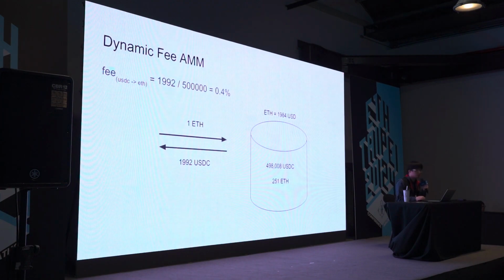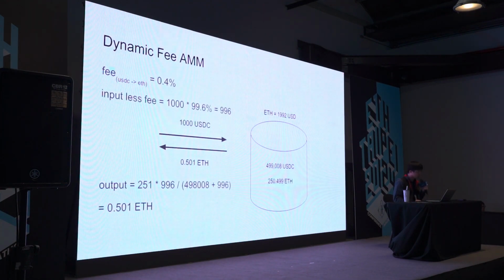So once there's another trader that tries to use 1,000 USDC to buy cheap ETH, he'll get charged a 0.4% fee, which makes the overall outcome 0.501. And by doing so, we can see the product of the pool growing. So this is how Dyson Finance captures profit from this kind of back-running arbitrageurs.